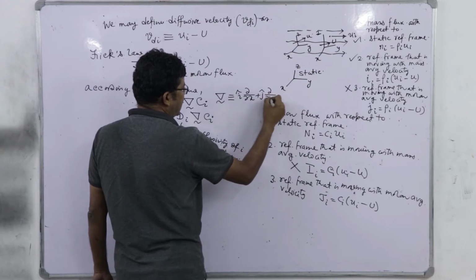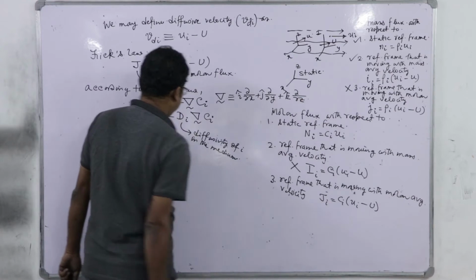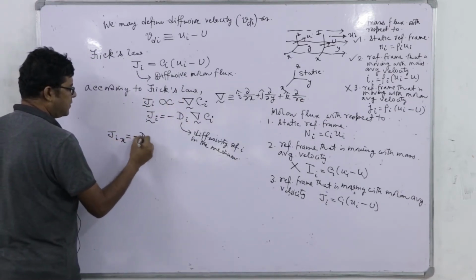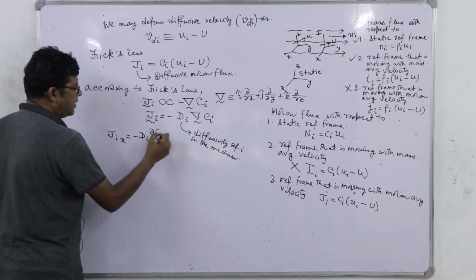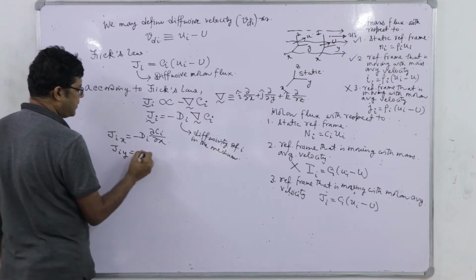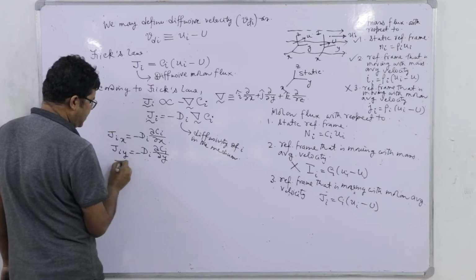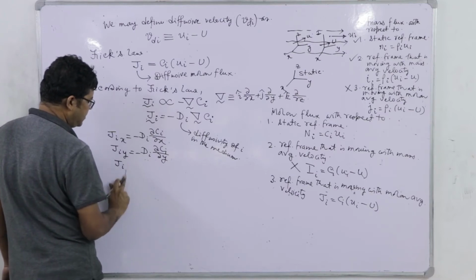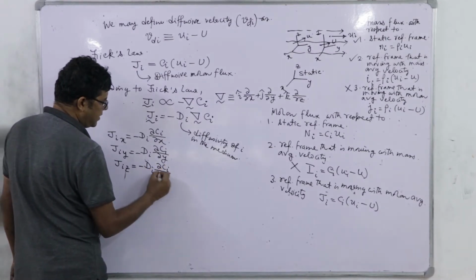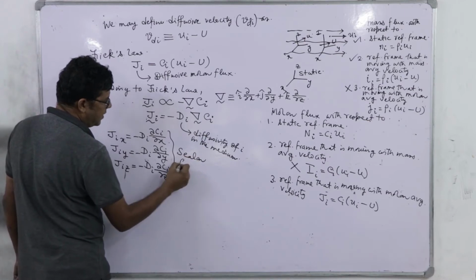In cylindrical and spherical coordinates it will change its form. So, Ji x is minus Di del Ci del x, Ji y is minus Di del Ci del y, and Ji z is minus Di del Ci del z. So, these are the respective scalar forms.